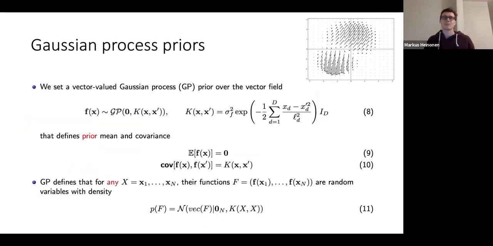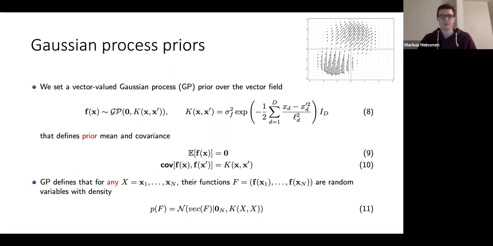Okay, so now this is actually what we do. We place a Gaussian process prior on the differential function f, where we also define a kernel function. Technically this is an operator-valued kernel, but in practice we just diagonalize it. The kernel is a Gaussian kernel, and placing this prior on the differential function means that a priori we assume the differential is 0 if we see no data, and its covariance follows this kernel.